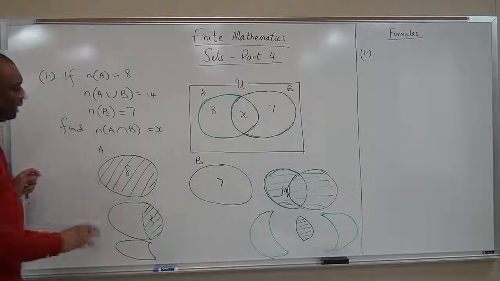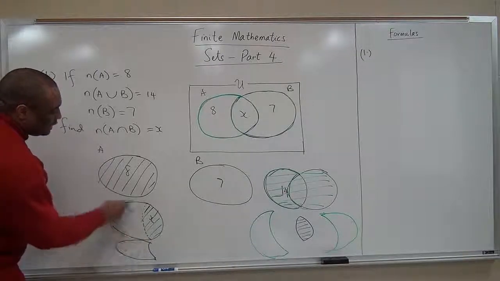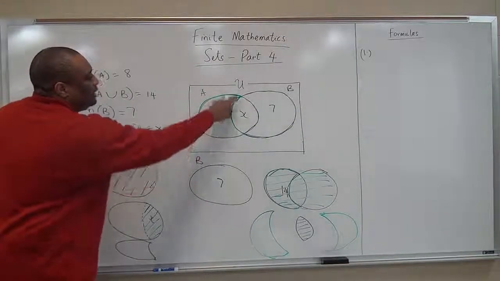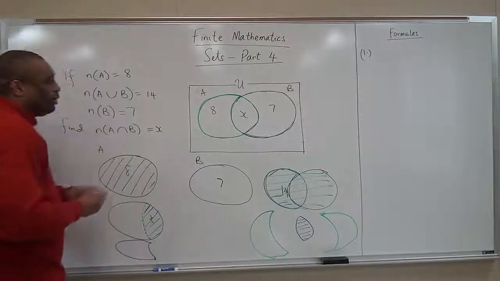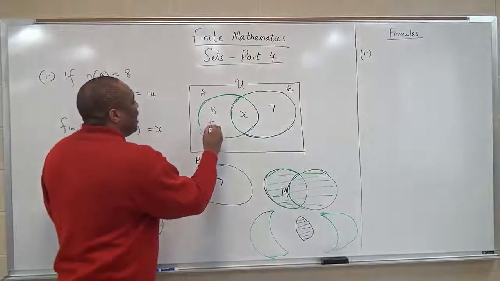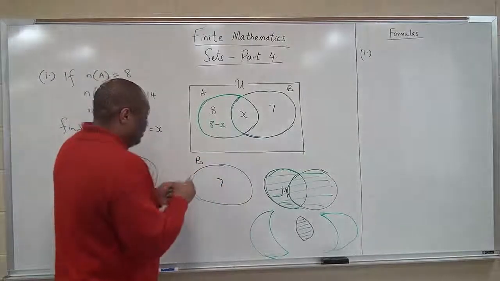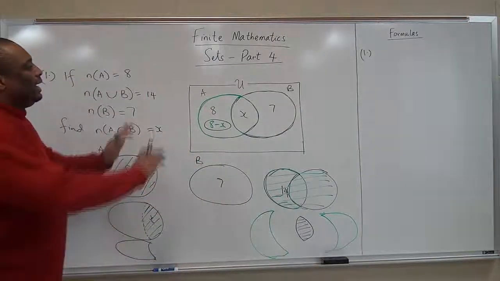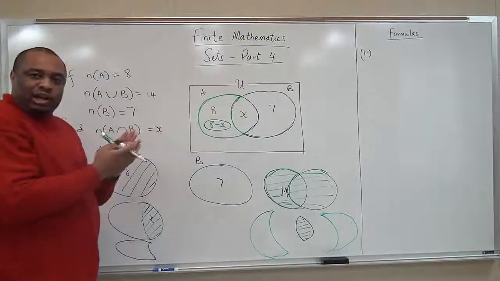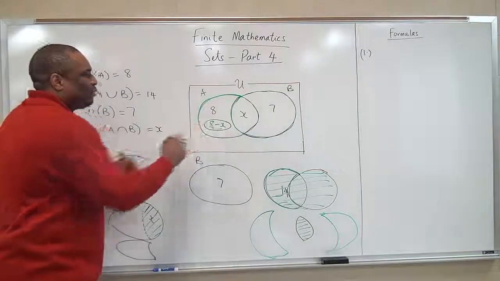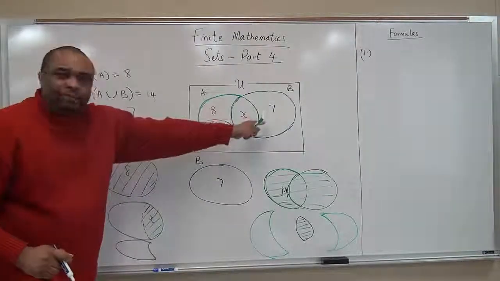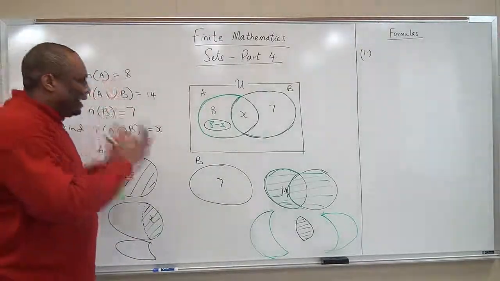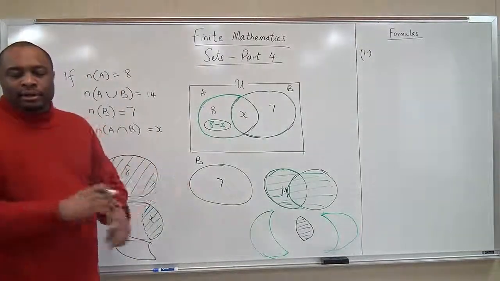So how will you get only this part? It will be 8 minus X. I'm going to circle it to show that that is what I need. The 8 is the entire circle, but part of it is from B, those who do both A and B, those who do both anatomy and biology.